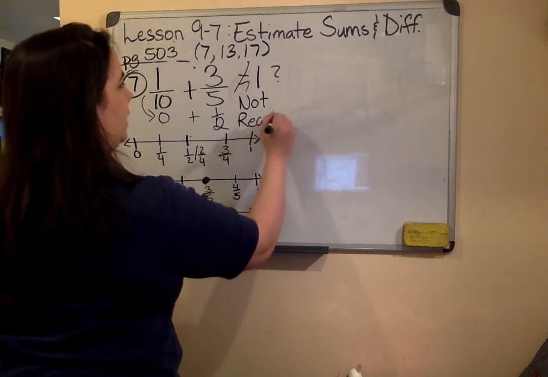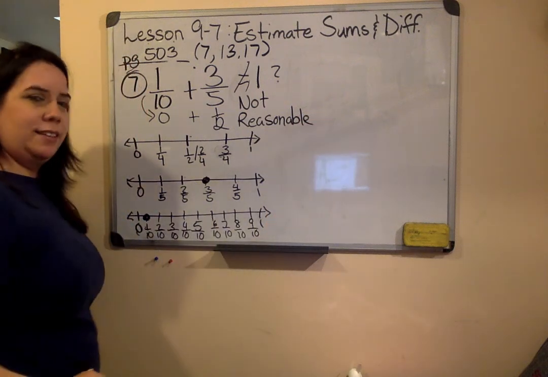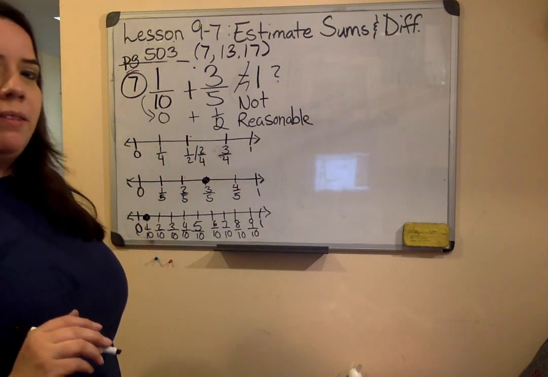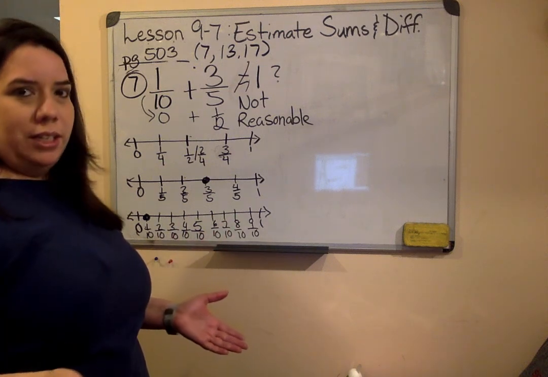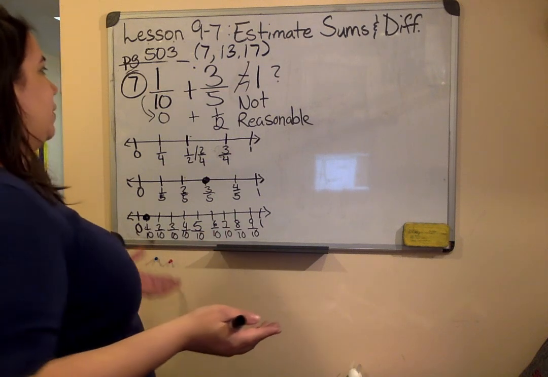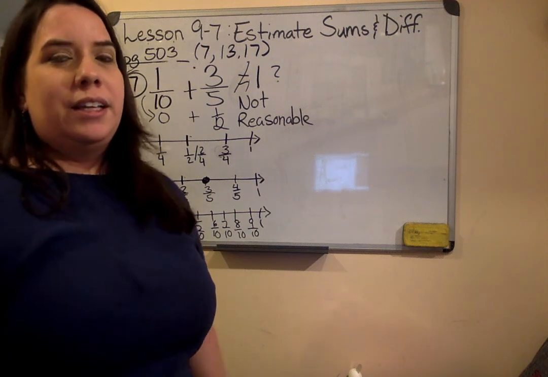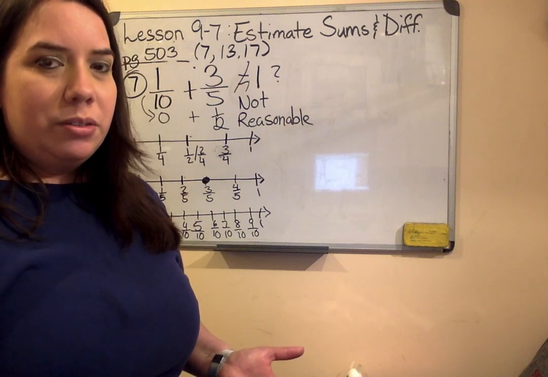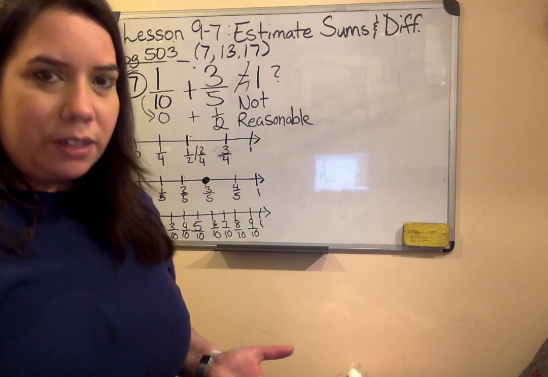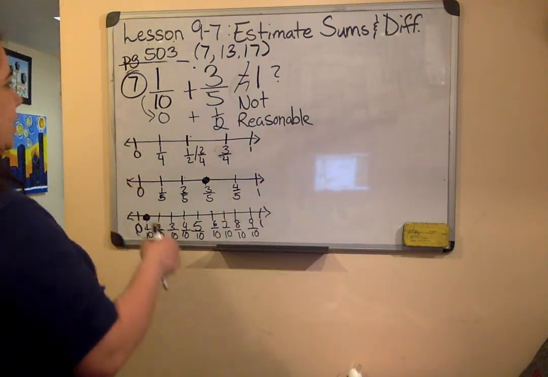If you were able to get that right, good job. Give yourself a pat on the back. Si lo sacaste correcto, buen trabajo. Pero si no, preguntas, okay? Now, if you were like Miss Sosa, I thought 1/10 was close to 1/4. Again, it's an estimate. Yo sé que es un estimado. So, if you feel like in your heart of hearts that 1/4 should have been, yeah, you can do that.